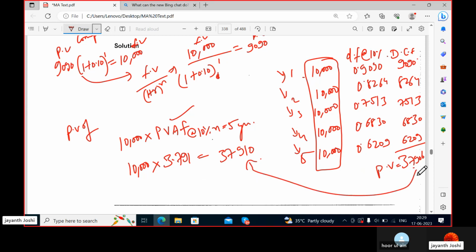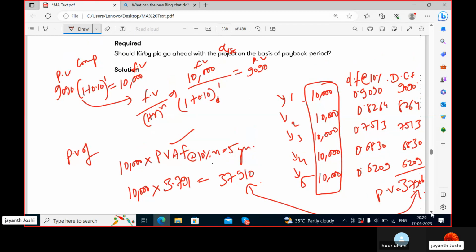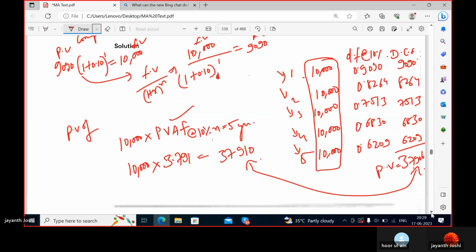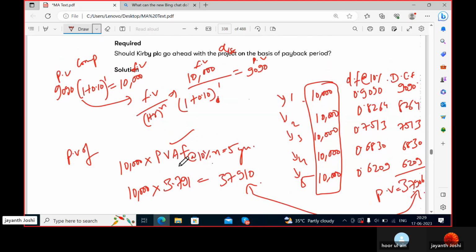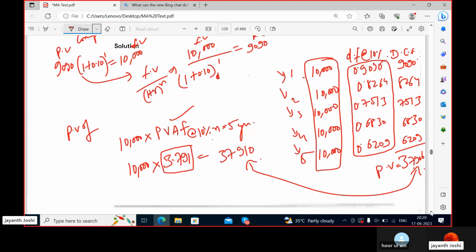Correct? Are you understanding? So this 3.791, which we took from the table, is nothing but the sum of all these present value factors.